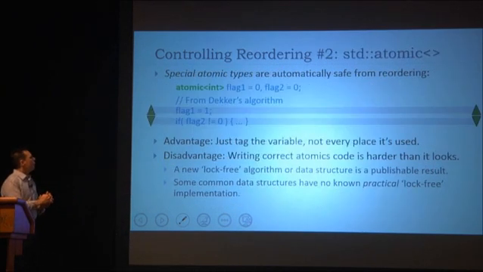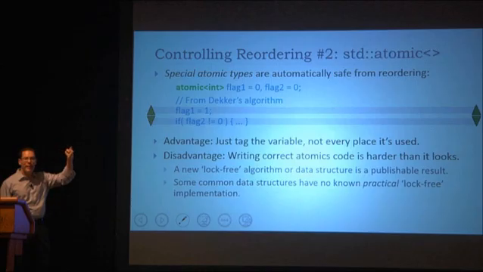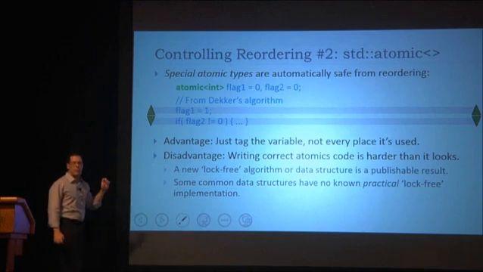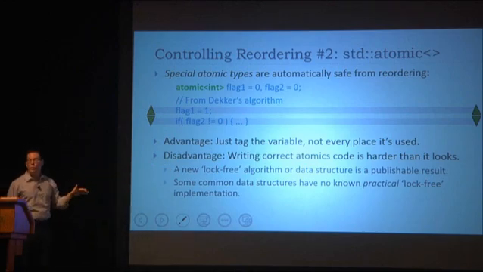You can also use atomics. Special atomic types, like we saw, are free from these reordering issues. So in Dekker's algorithm, if you had written flag 1 and flag 2 to be atomic int, or atomic bool, then that would have guaranteed that these reads and writes would not be reordered.